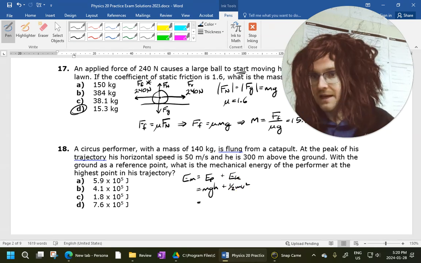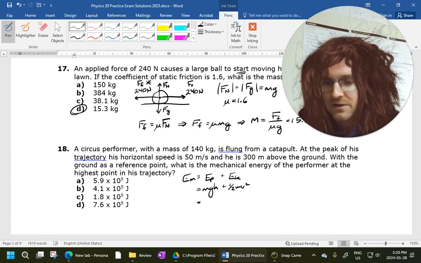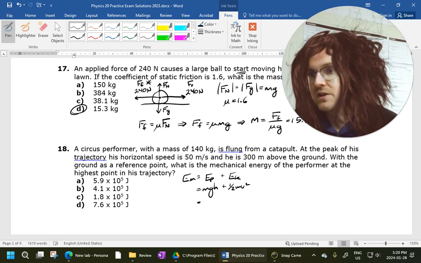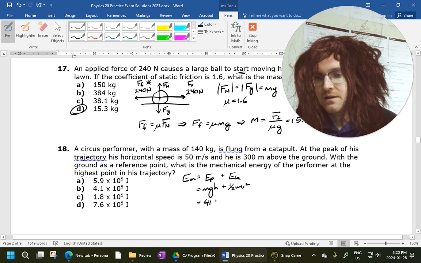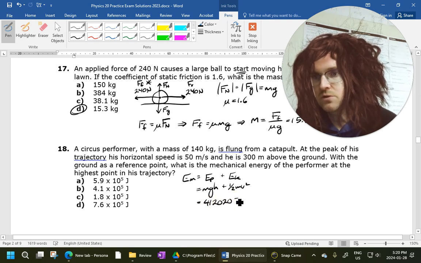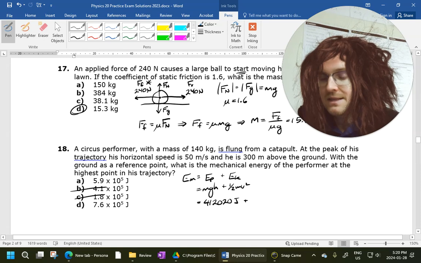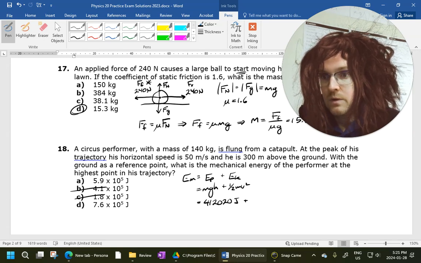All right, so we got the m. I'm assuming this circus performer is on Earth, so 9.81 sounds like a good number to use for gravity. And it's 300 meters above the ground. So right now we have 412,020 joules of that energy, and we're just going to cross that one off, and that's way too small. I'm just going to cross those two off. Because now I have to add in the kinetic energy, 1/2 mv squared.